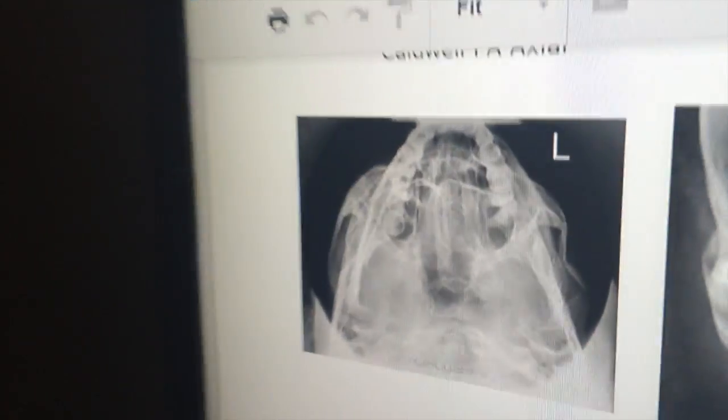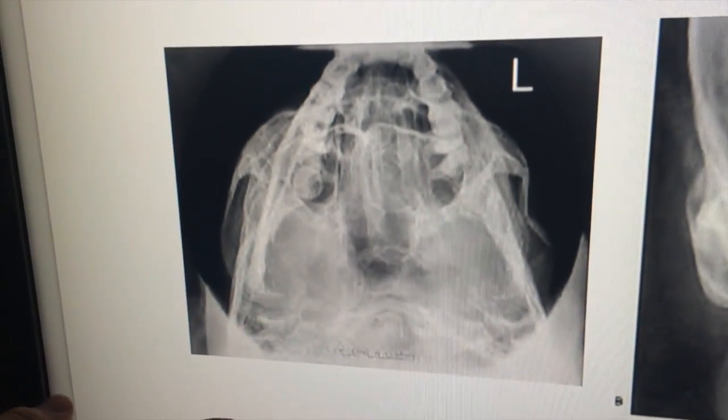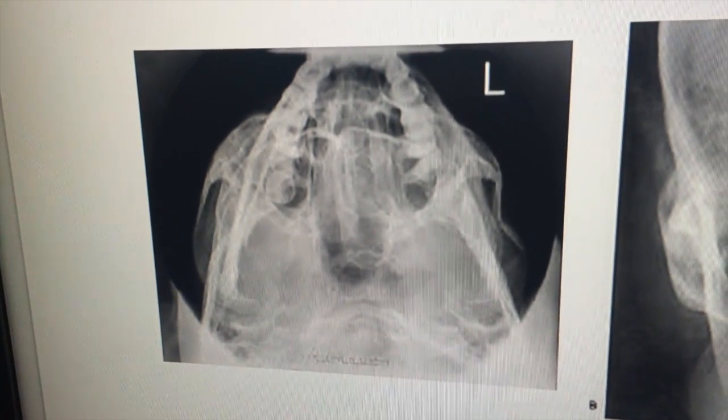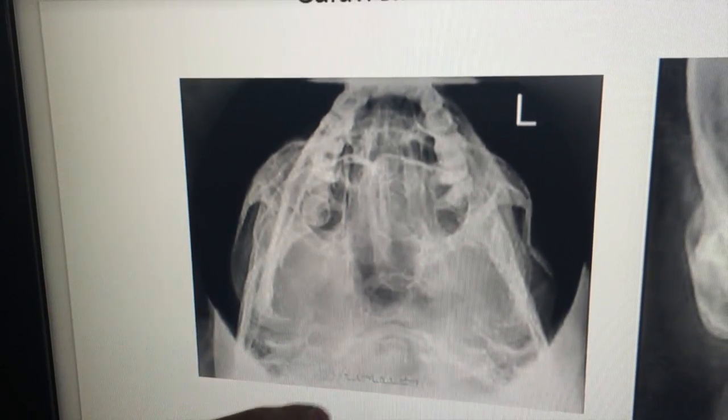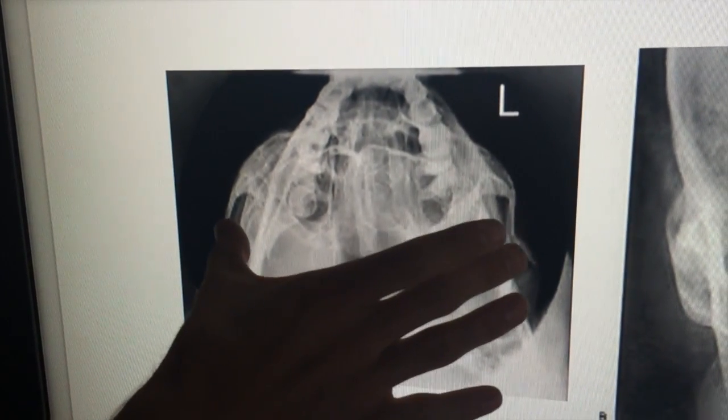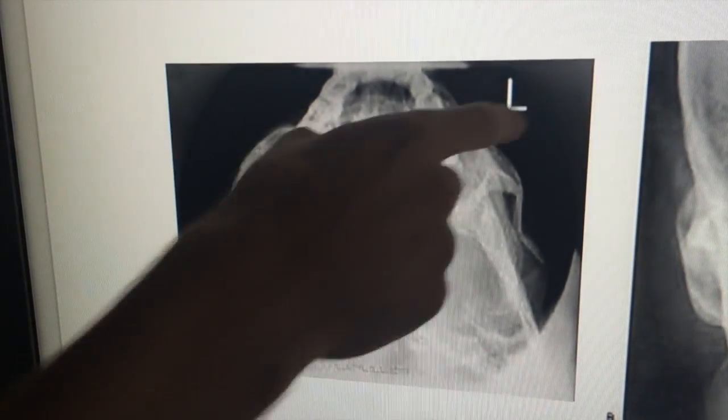Alright, so these are our images for the zygomatic arches that we did. Our first one is our SMV, our submental vertex. With this one, we got both zygomatic arches in there. We have good collimation. We have our marker.